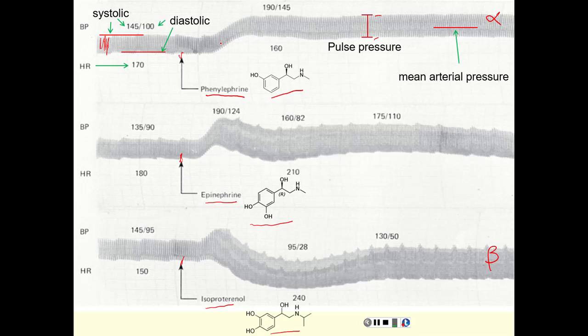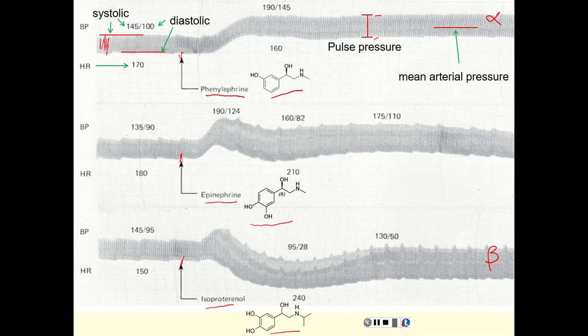The drugs were all administered at the points indicated by the arrows. You see effects of the drugs: in the first curve, you see a change in blood pressure, where systolic pressure goes up from 145 to 190. Diastolic pressure goes up too, from 100 to 145. And pulse pressure does not change.